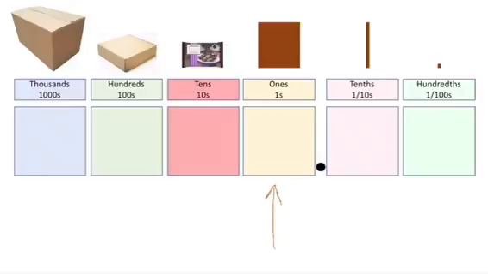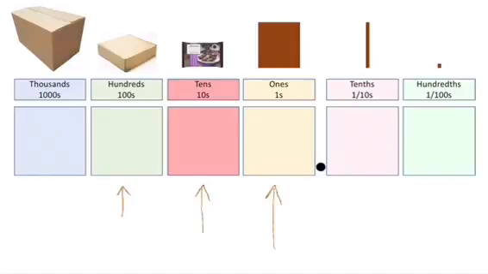I can put 1, 2, 3, 4, 5, 6, 7, 8 or 9 in that place, and that will mean 1 brownie, 2 brownies, 3 brownies, all the way up to 9 brownies. This is my 10th place. This is where I put packets of 10 brownies. This is my 100th place. This is where I put boxes of 100.